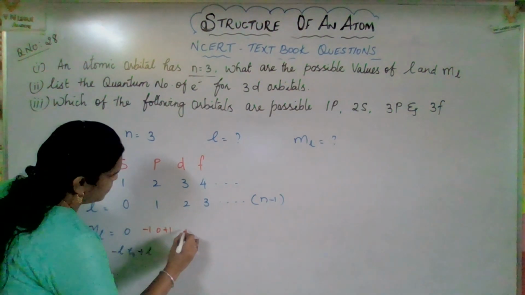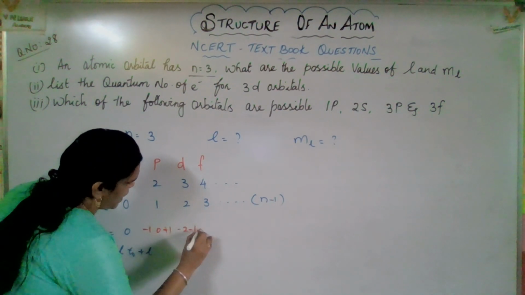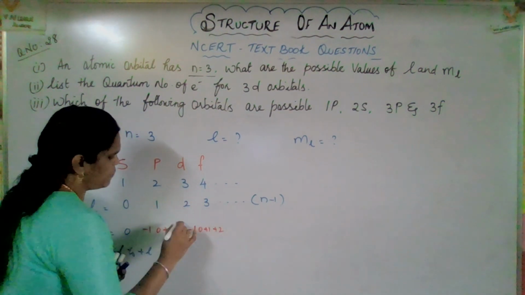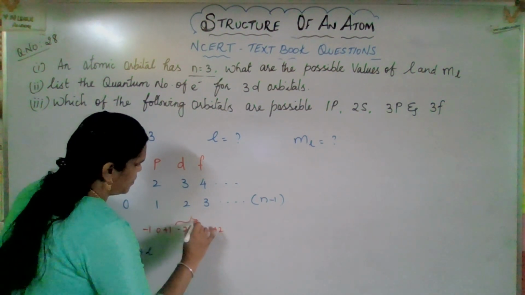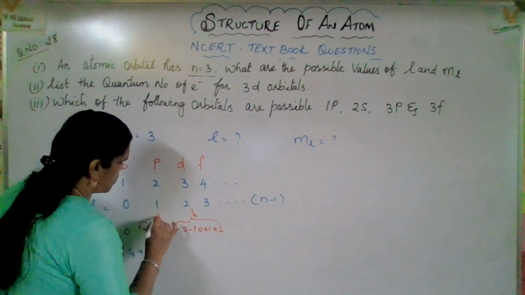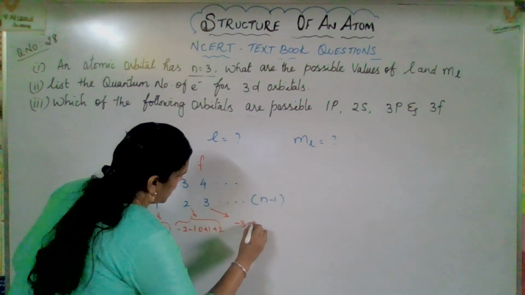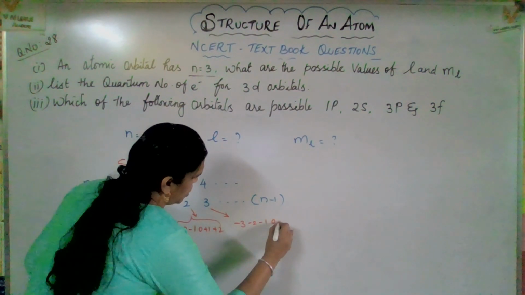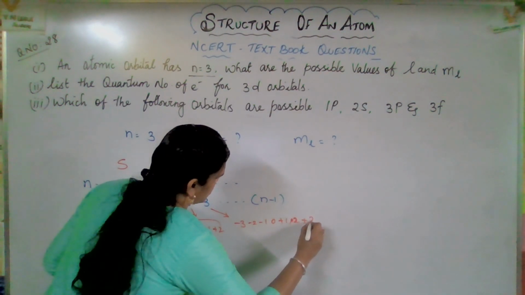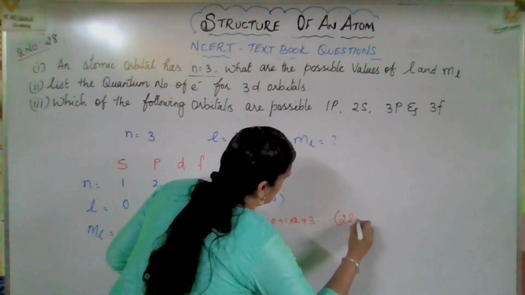For l equal to 2, ml is minus 2, minus 1, 0, plus 1 and plus 2. And for l equal to 3, ml is minus 3, minus 2, minus 1, 0, plus 1, plus 2 and plus 3. So we can give the formula 2l plus 1.